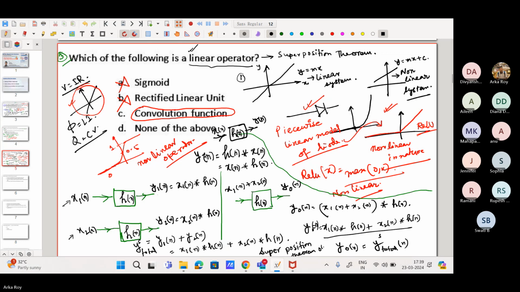Therefore, if the superposition theorem is obeyed, I can say that convolution is a linear operator. This is the main conclusion. Therefore, the convolution function is a linear operation or linear operator, whatever you call it.